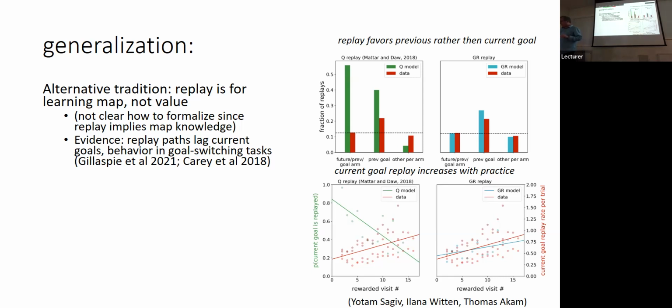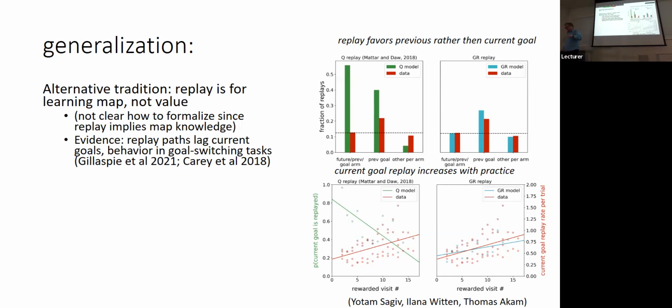But anyway, the evidence that they have put forward is by Anna Gillespie, and again, my collaborator, Loren Frank. What Loren and Anna showed is that the replay paths in hippocampus, they did a particular test and the animal has to switch goals a lot.